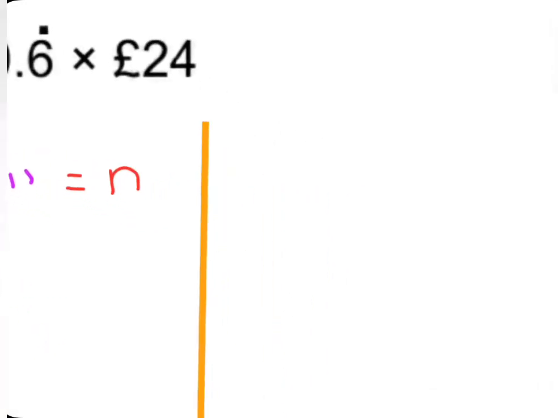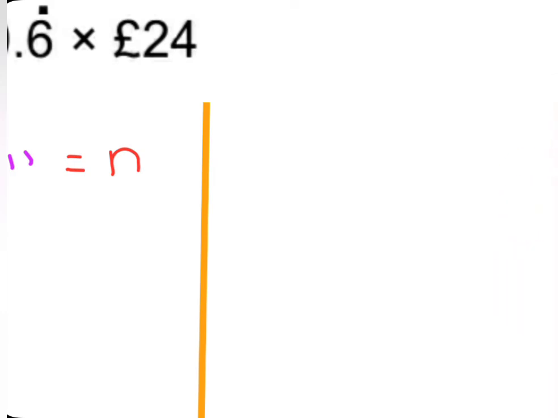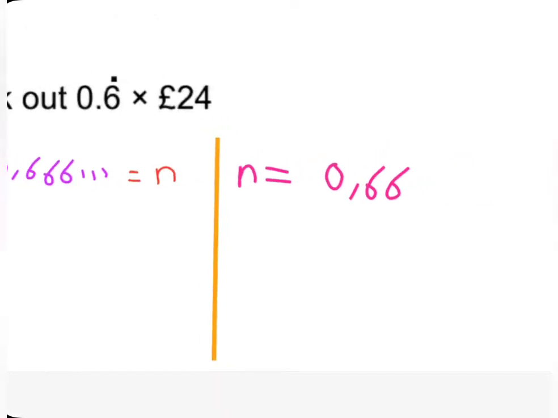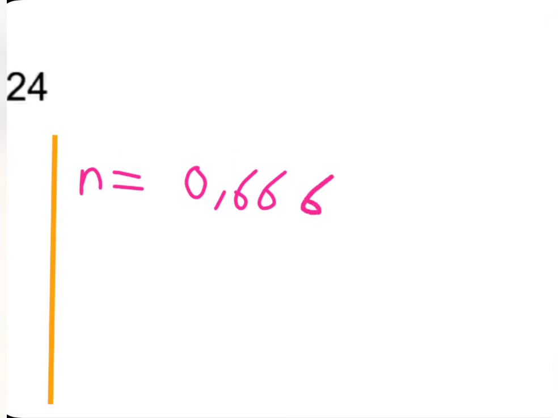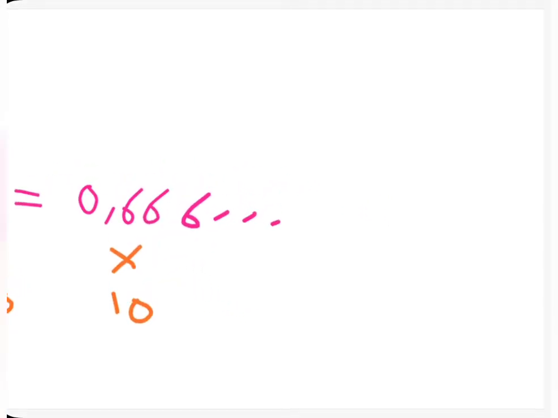Now we come here, we say n equals 0.666, and it goes on like this. Now we multiply by 10 here, and we multiply this by 10. So the answer will be, yes, we put a line here, so we have 10n.